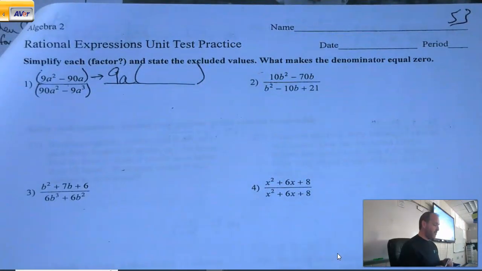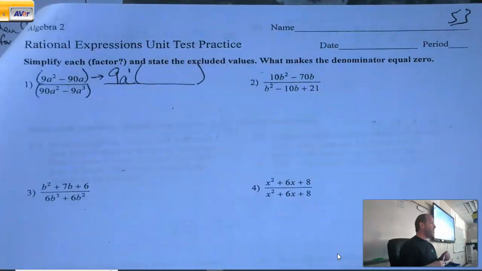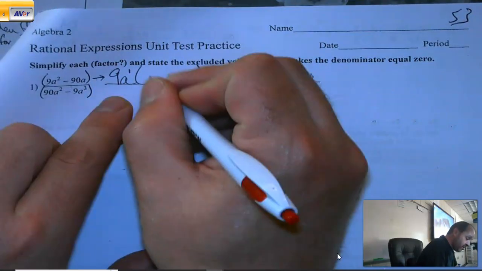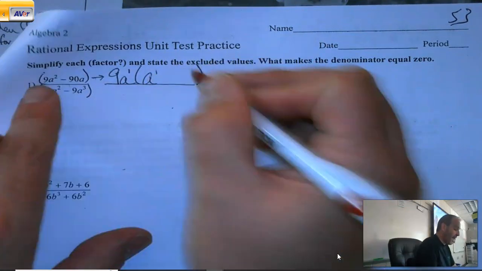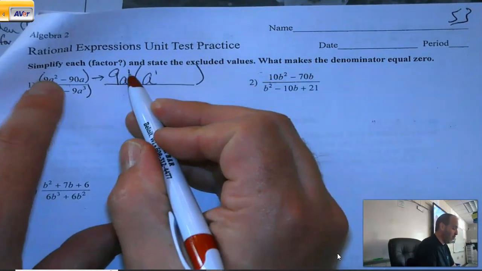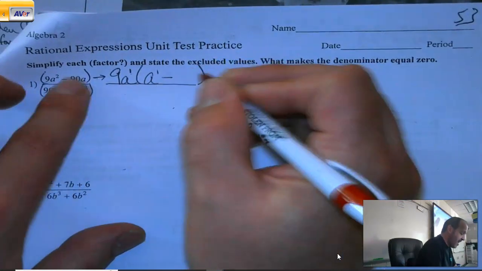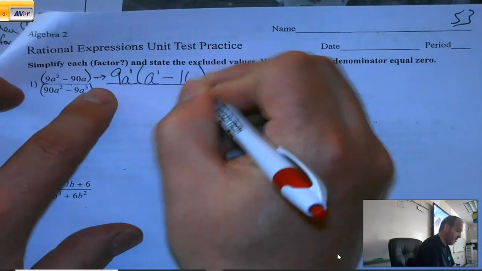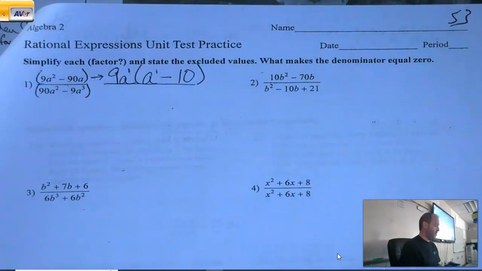So if I have 9A to the first here, I only have 1A left, because I need 2, I got 1. And here, 90 divided by 9 is 10.